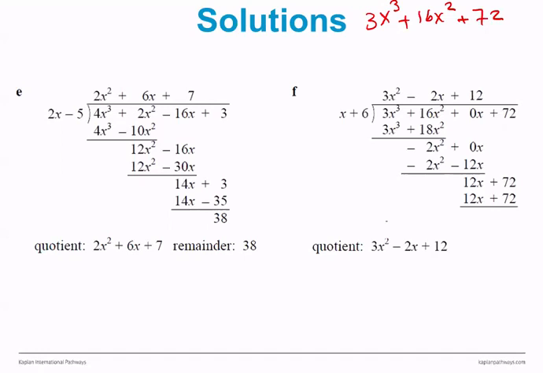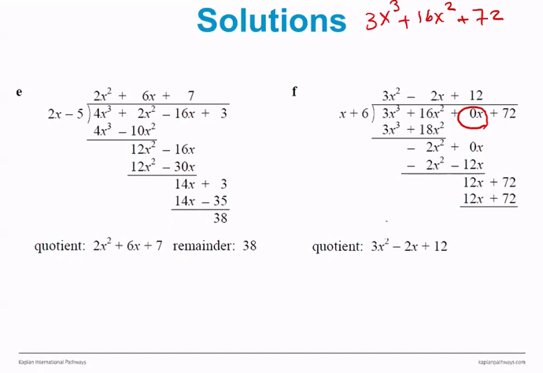And there was no term for the x. So that's why, if you notice here, when you do the long division, you put it in the place. So you put it as 0x, as they did here in the division. So they wrote it down as 3x cubed plus 16x squared plus 0x. Just keep the place for it.